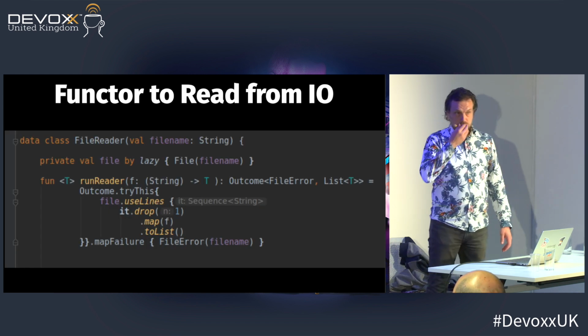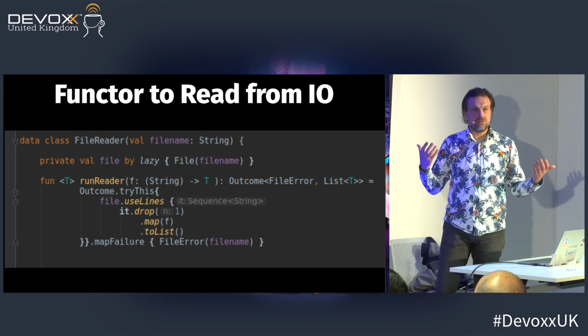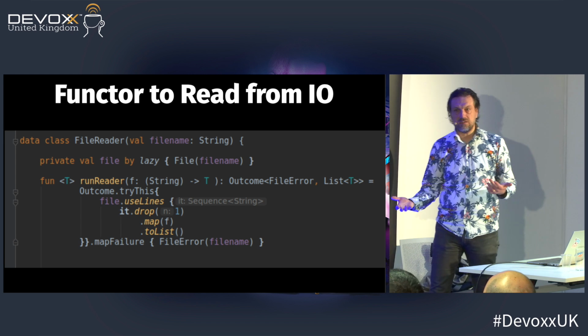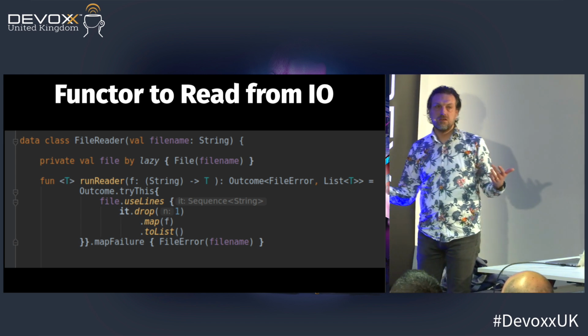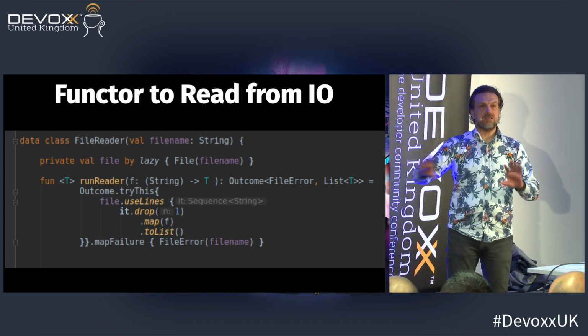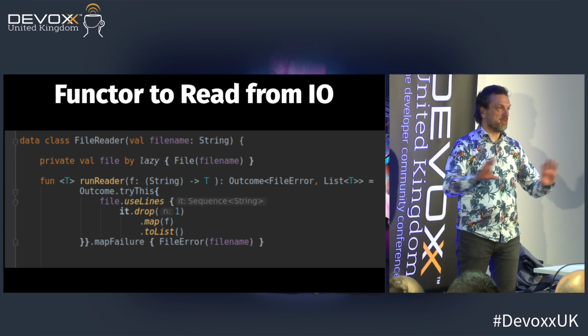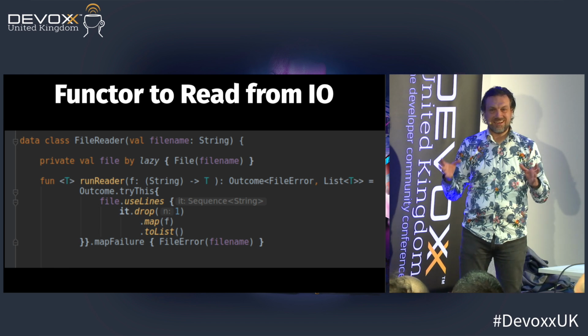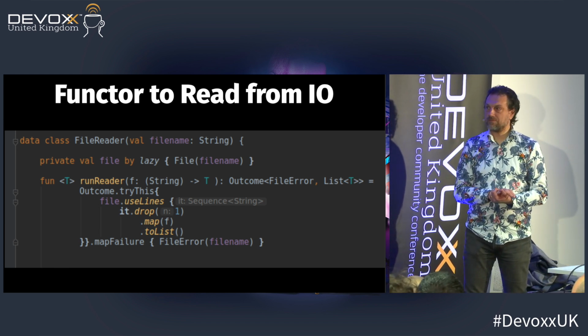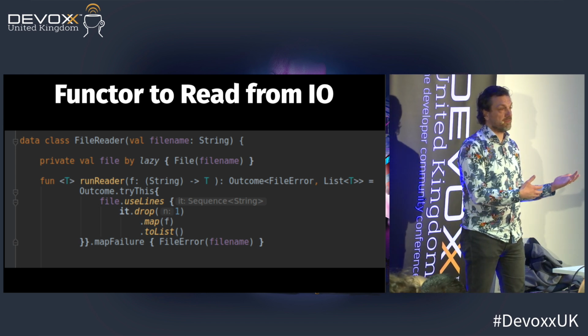And you can also use functors or monads to read from I/O, because of course, at the end of the day, we need to read from I/O. If you write a perfectly pure program, it cannot read any input and it cannot produce any output, so it will be completely useless. At some point we need to go dirty and touch the I/O, but we use a functor.